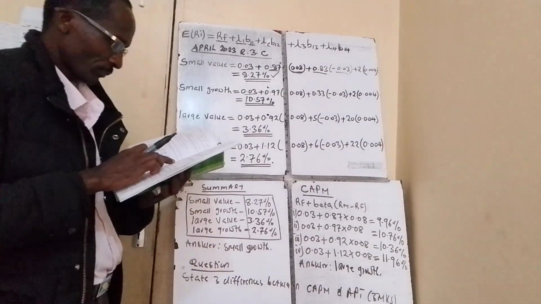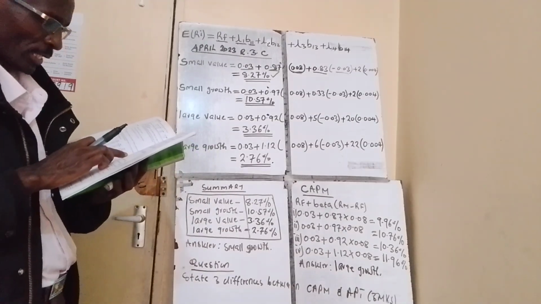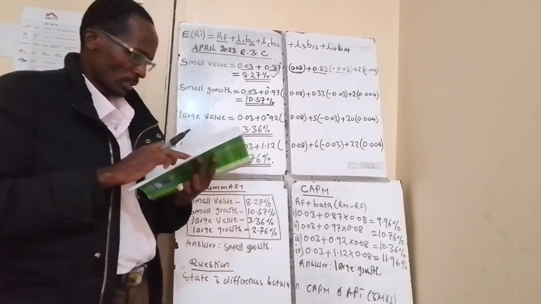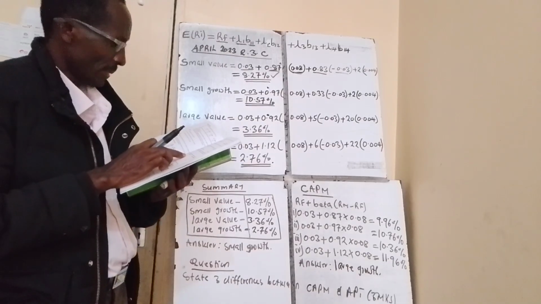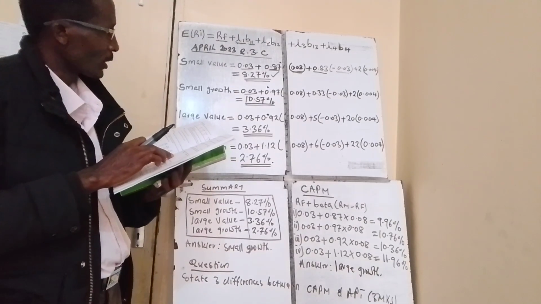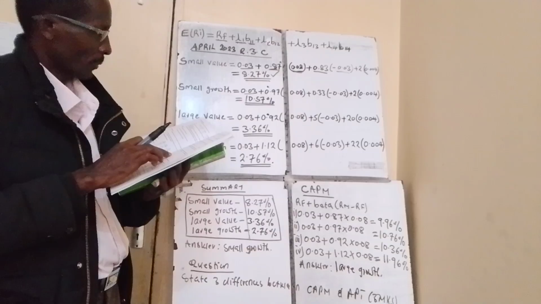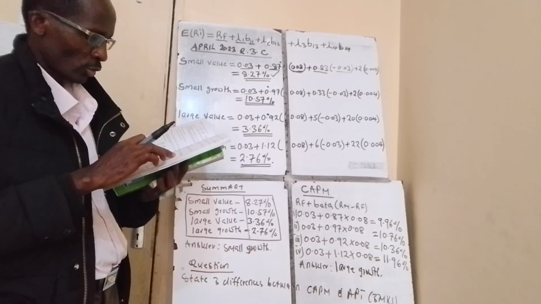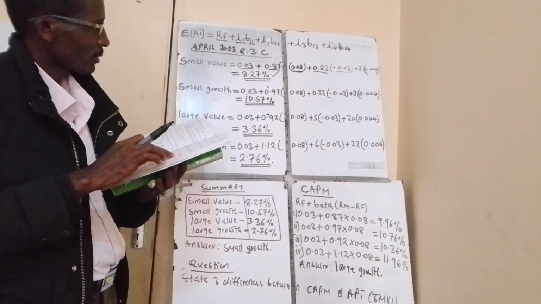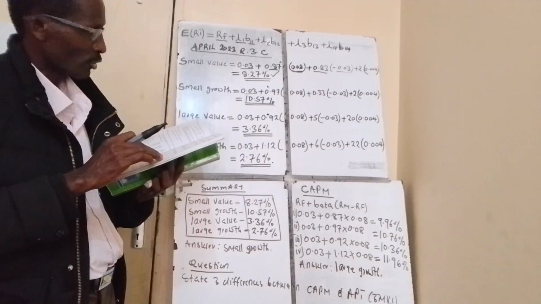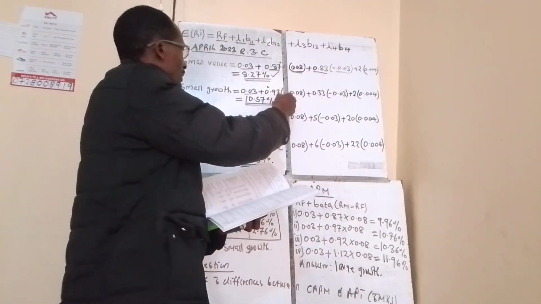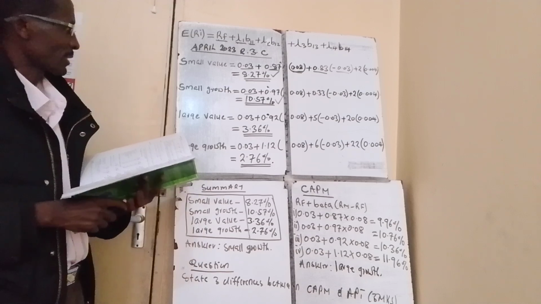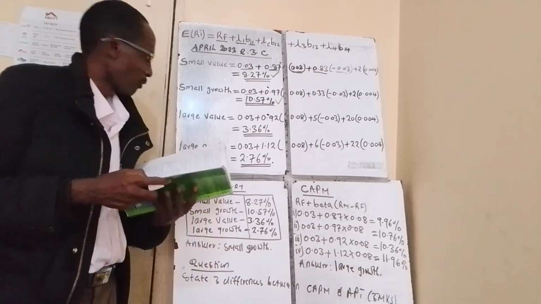We plus, we go to sensitivity to factor 2, the price to book. What do you take? 0.33 multiplied by negative 0.03, then you plus 2 times 0.004. You sum up, you get 10.57%. That is for small growth.